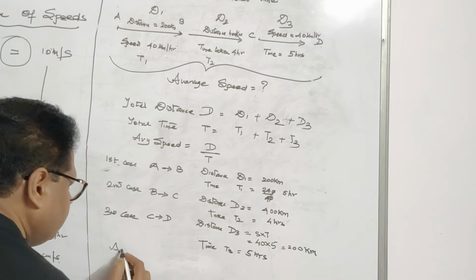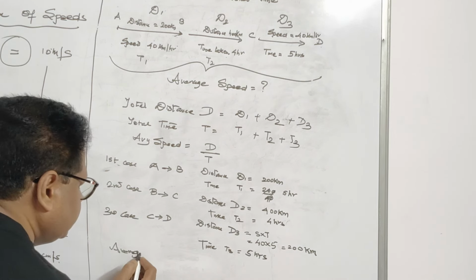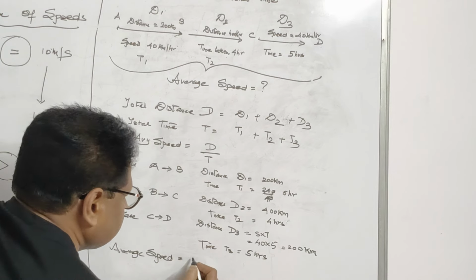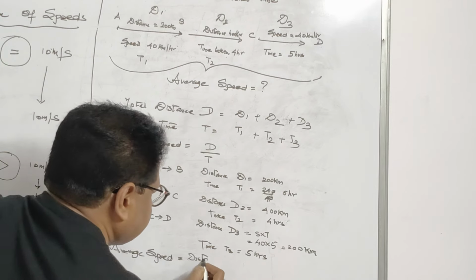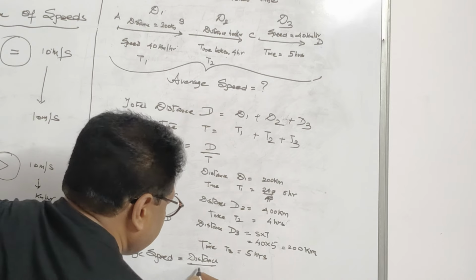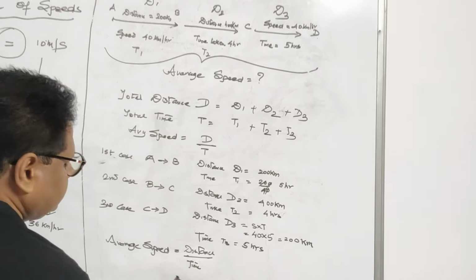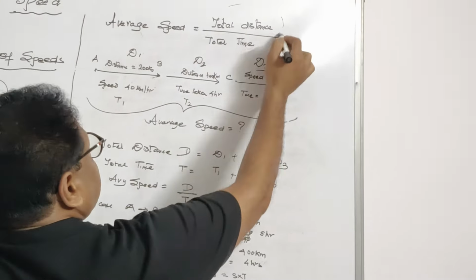So apply the formula: average speed equals total distance by total time.